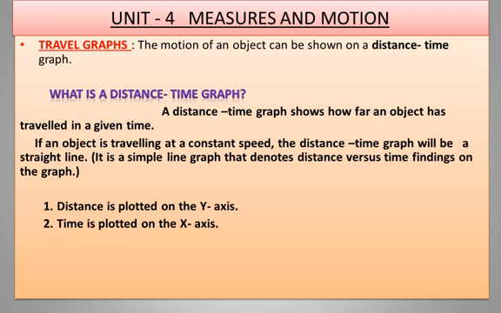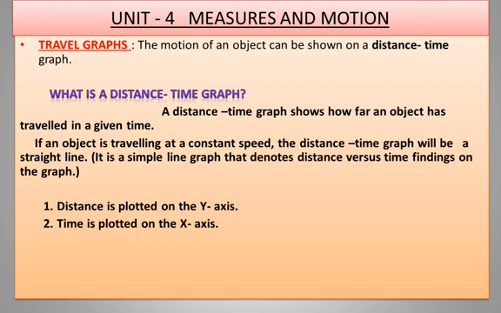What is a distance time graph? A distance time graph shows how far an object has traveled in a given time. So it shows the distance traveled by an object in a given time.